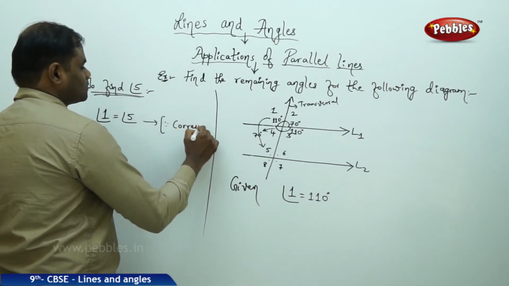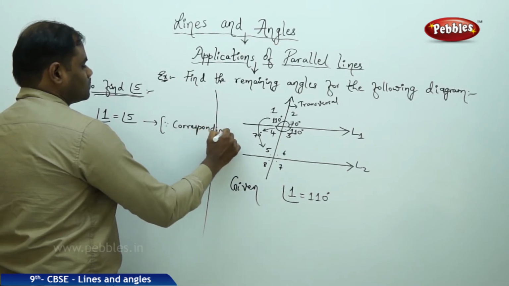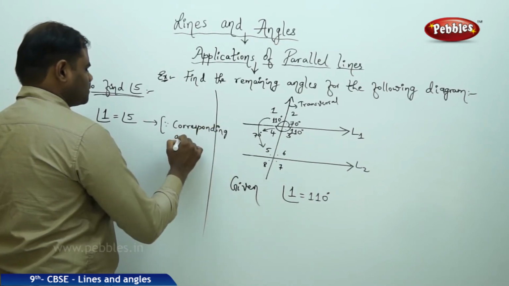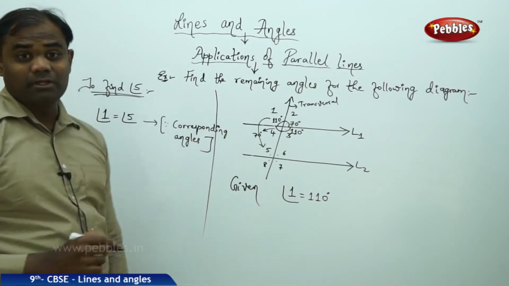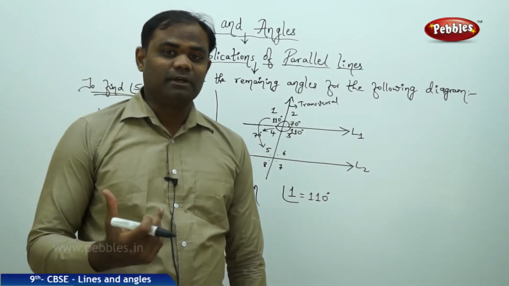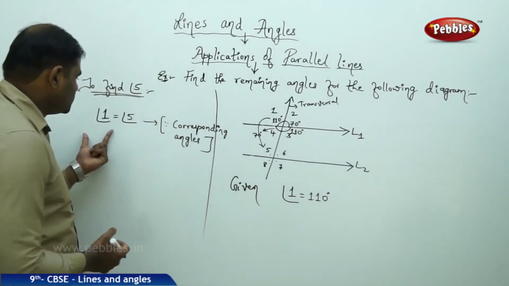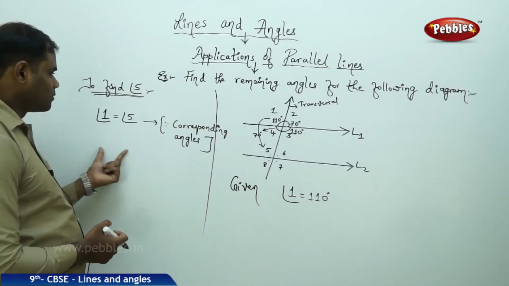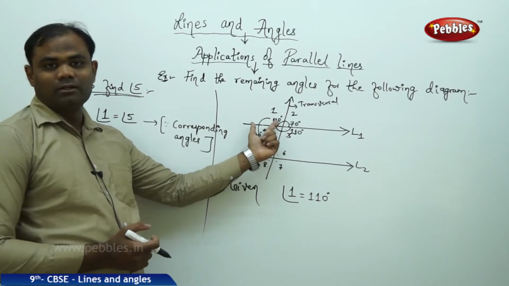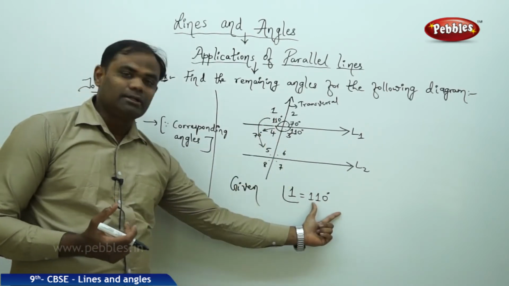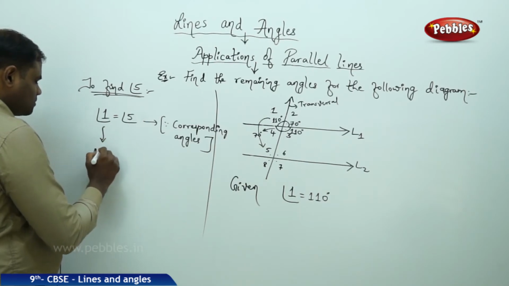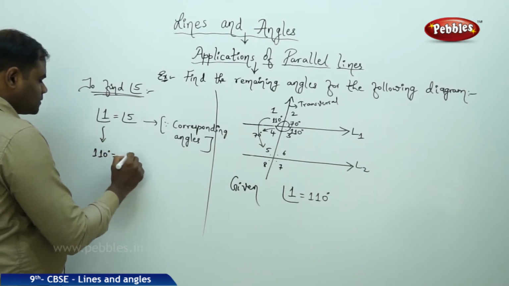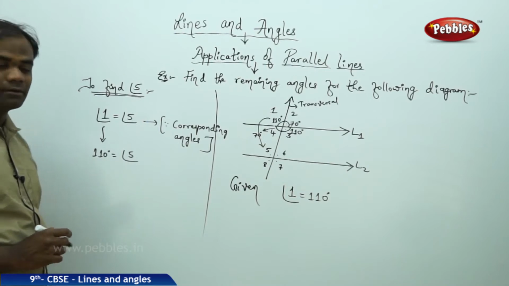Since corresponding angles must be equal, as per the property we have seen, and these two being corresponding angles, again I have my angle 1 which is already known to be 110 degrees. Substituting for this, I have 110 degrees which is equal to angle 5.